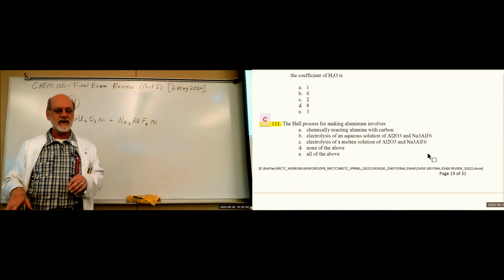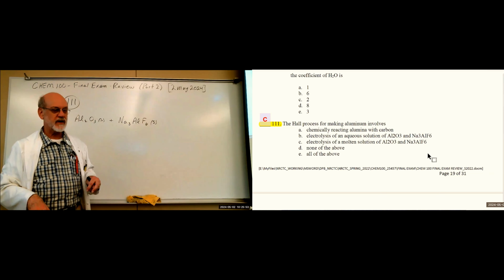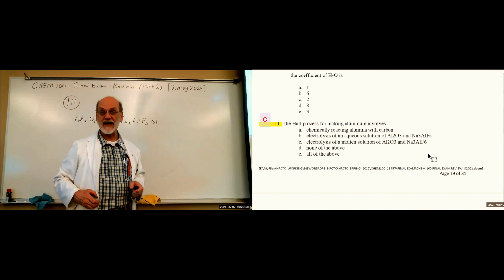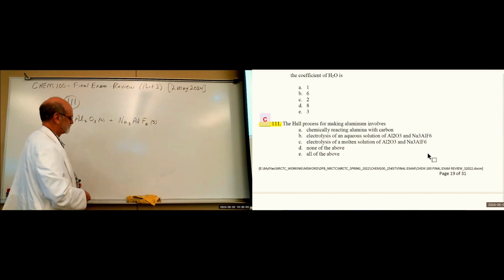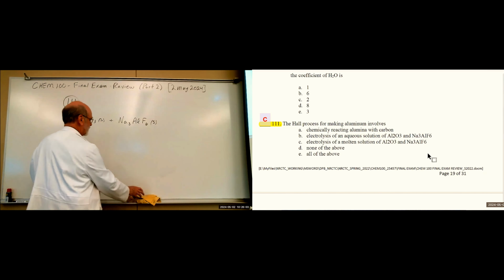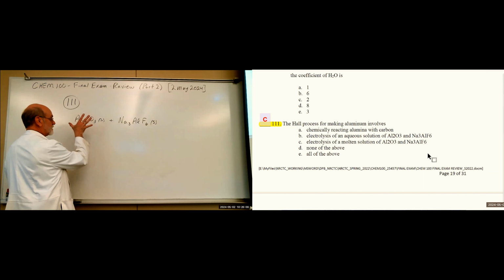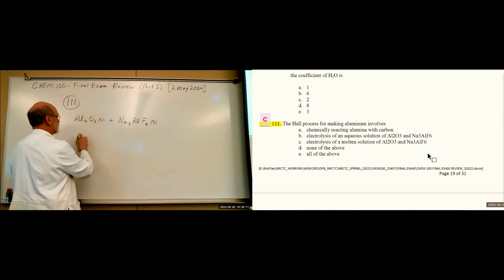And he experimented, right? And likely made a huge mess. That's where it started anyway. But yeah, the answer to this is C. We're electrolyzing the molten mixture of these two.